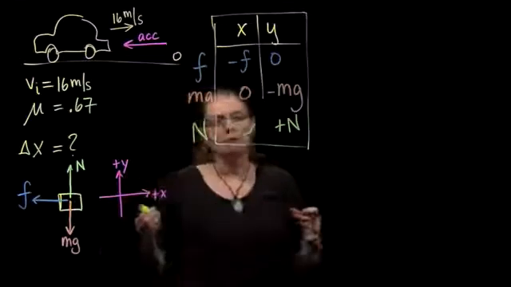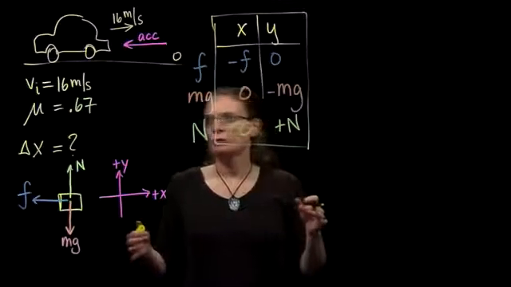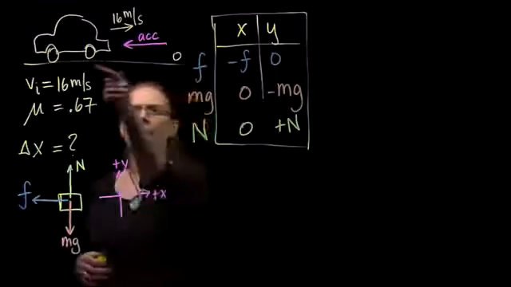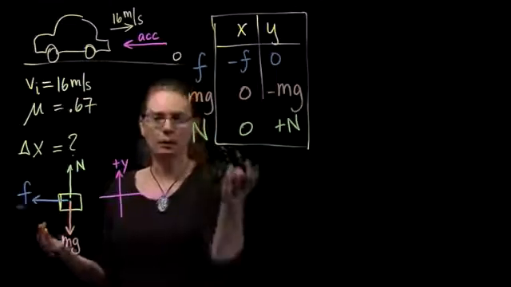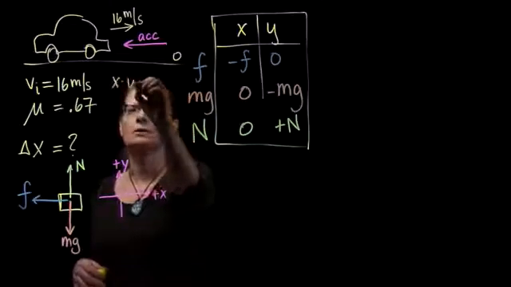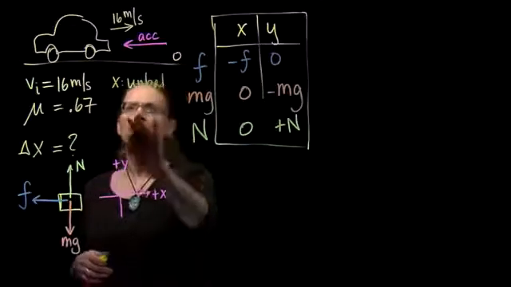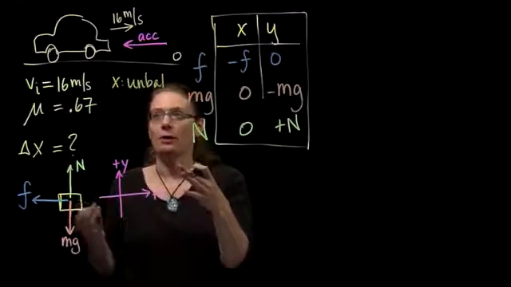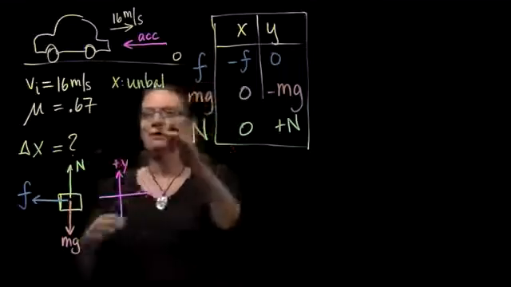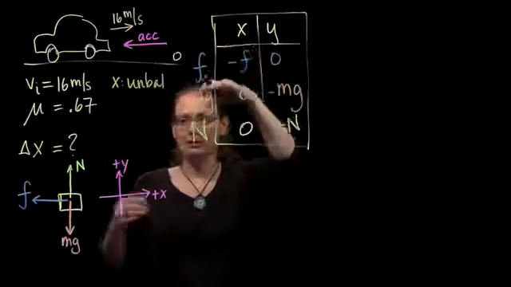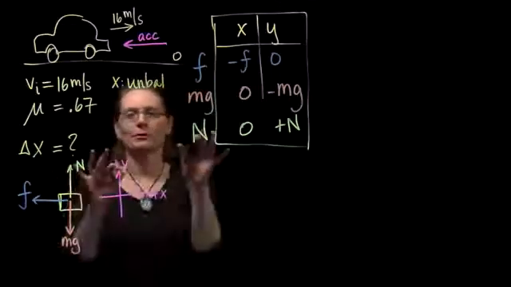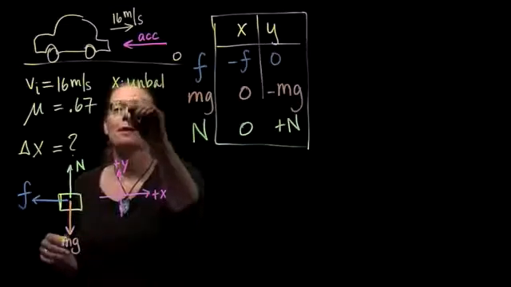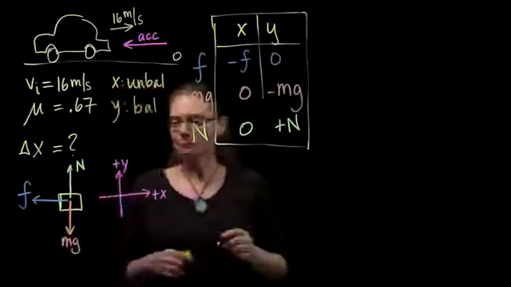Is this balanced or unbalanced in the two directions? Well, in the x direction, it's got to be unbalanced because we have an acceleration. So x is unbalanced. Up, down: well, there's no motion up, down. The car is moving horizontally only, so it's not flying off into space or digging into the road. No vertical motion, so those had better be balanced.